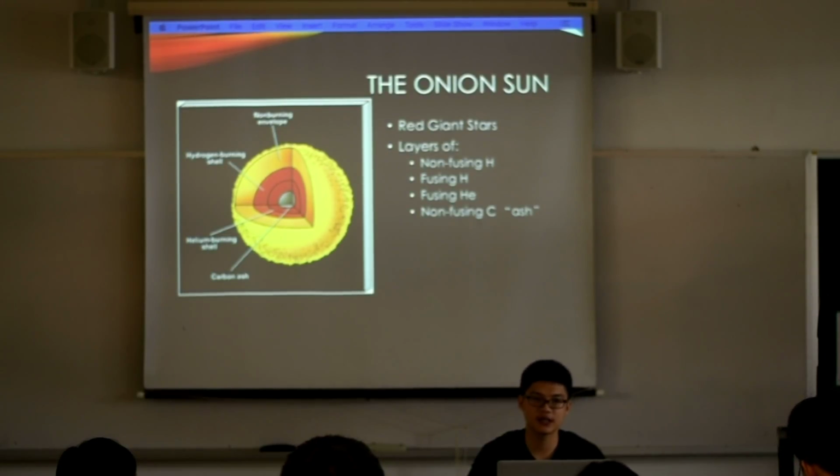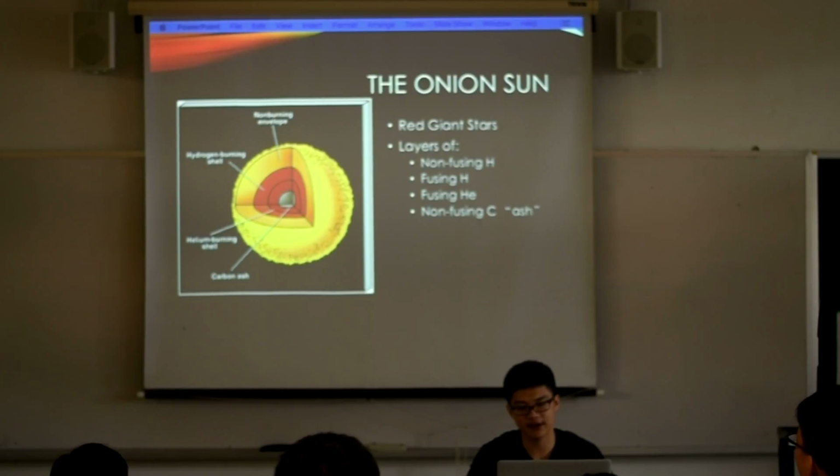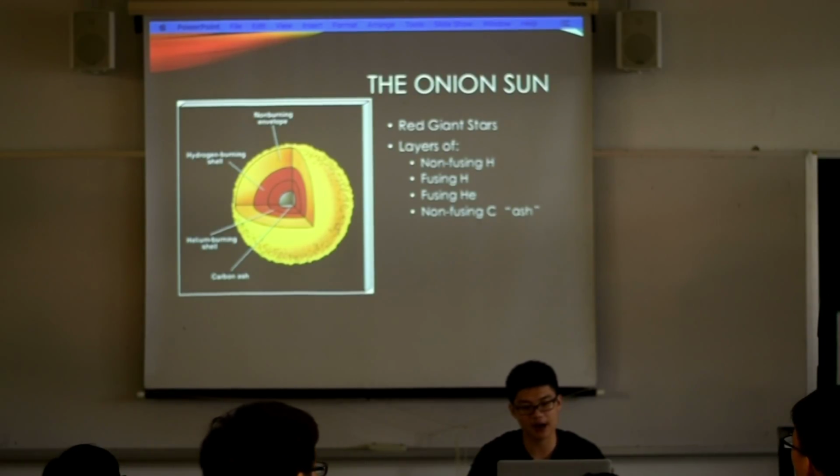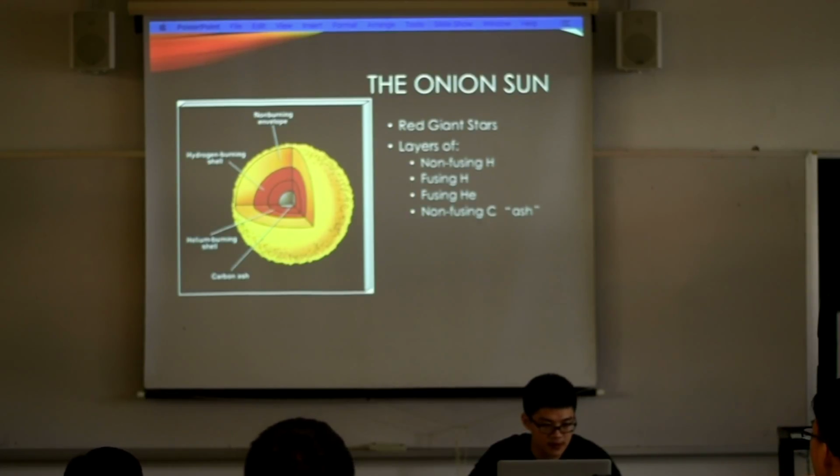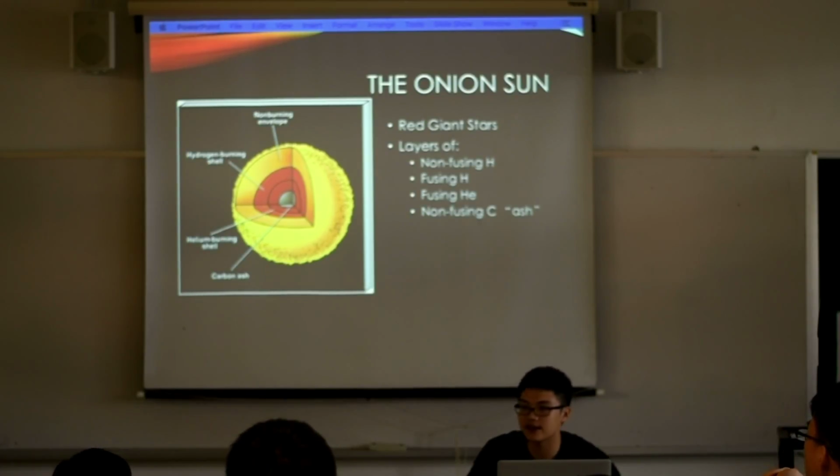At this point, helium will start to fuse into carbon. This signals the last stage of the medium star's life, as there is no energy to fuse carbon into heavier elements. And you can see this is the star when the helium is fusing. The carbon ash is right in the center of the star, and then there's a helium shell, and then a hydrogen shell.